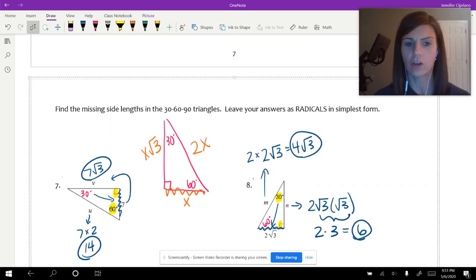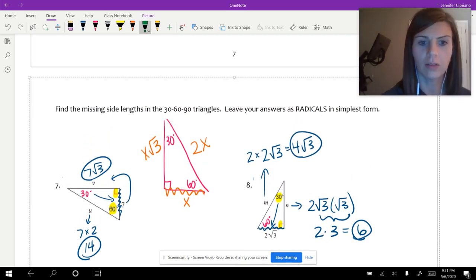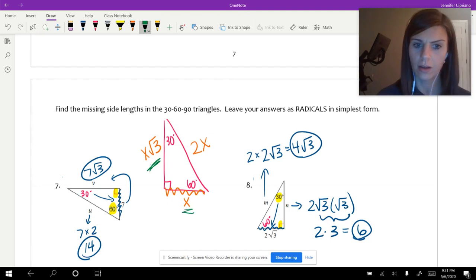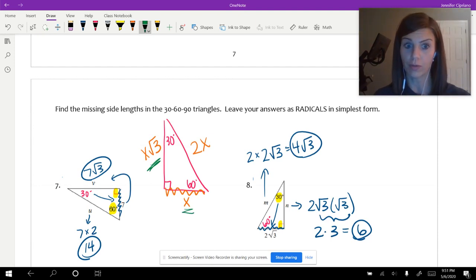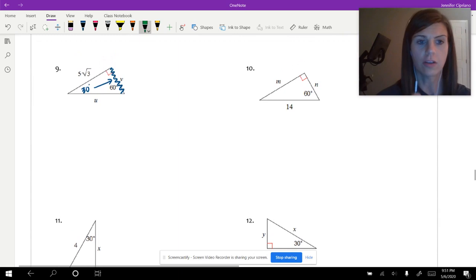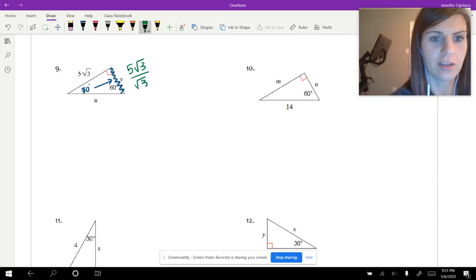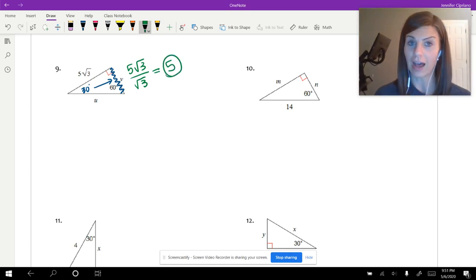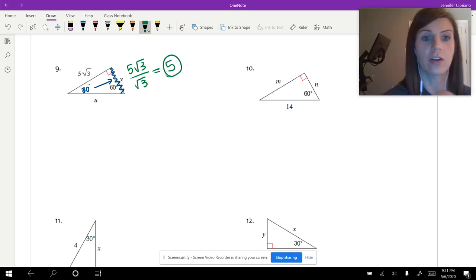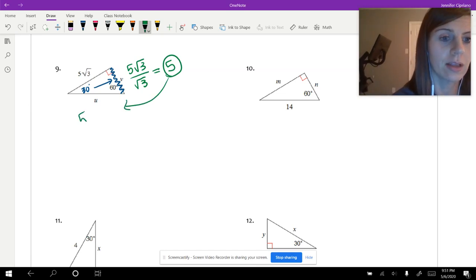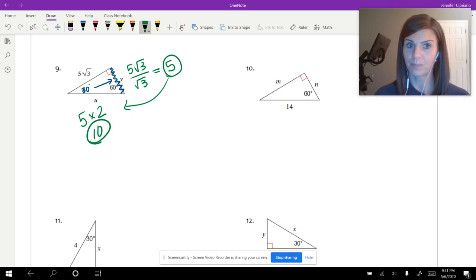So remember that to go from the long leg to the short leg, we divide by the square root of 3. So the long leg is 5 root 3. I'm going to divide that by the square root of 3, and that just gives me 5. So the short leg is 5. And then I can go from the short leg to the hypotenuse by multiplying by 2. My hypotenuse is 10. Okay?